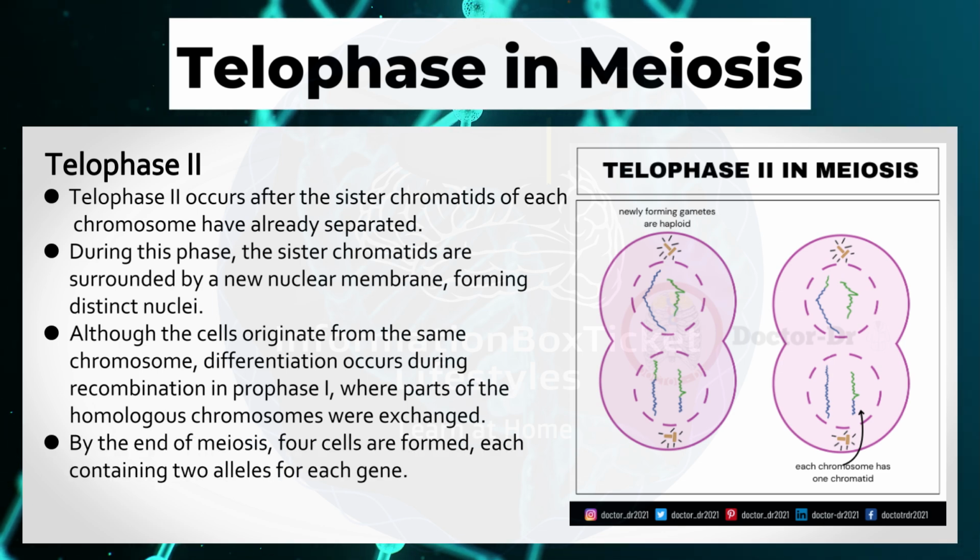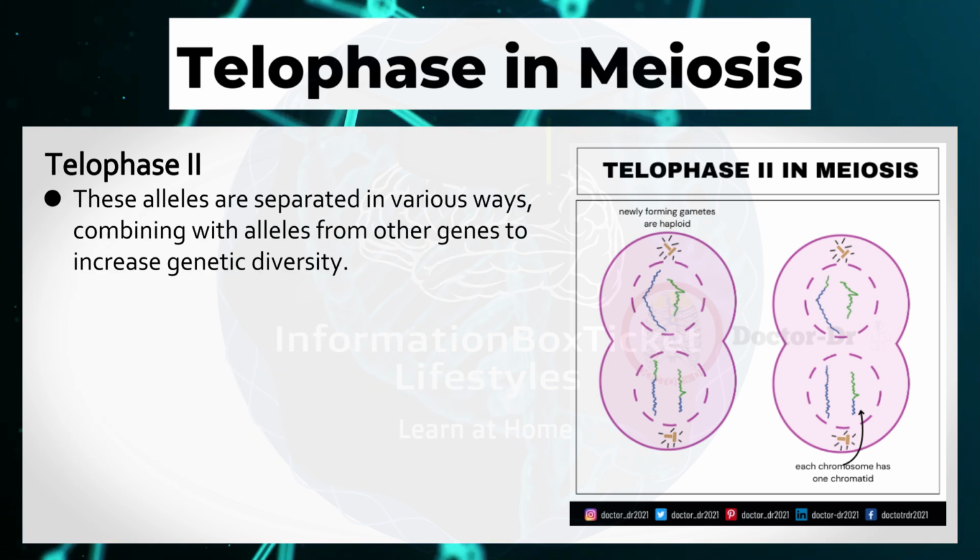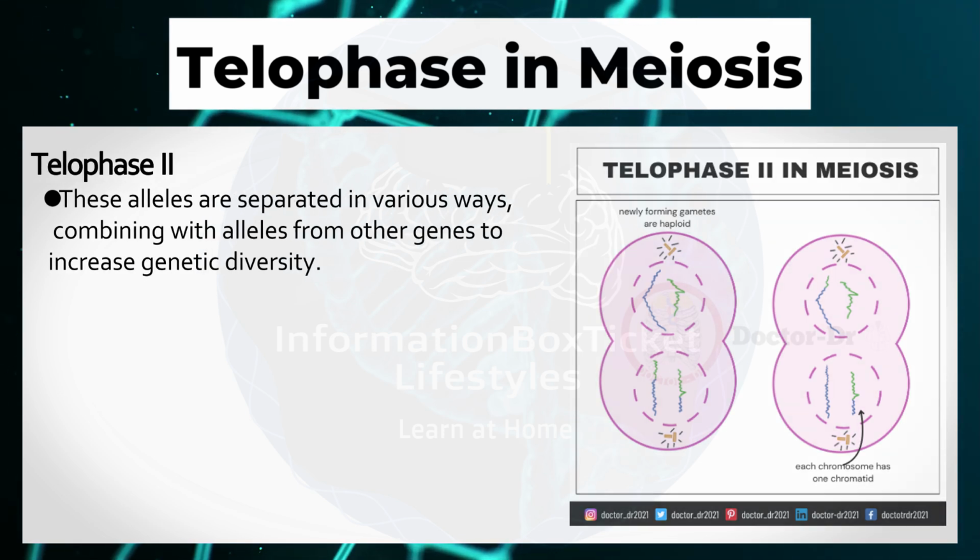By the end of meiosis, 4 cells are formed, each containing 2 alleles for each gene. These alleles are separated in various ways, combining with alleles from other genes to increase genetic diversity.